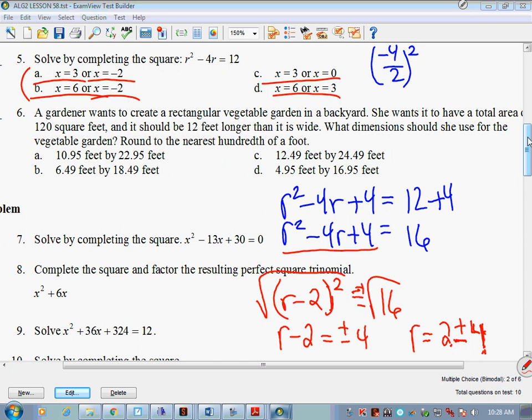Not quite. You guys are making this way more difficult than it needs to be. How about 2 plus 4? And 2 minus 4. What is 2 plus 4? What is 2 minus 4?